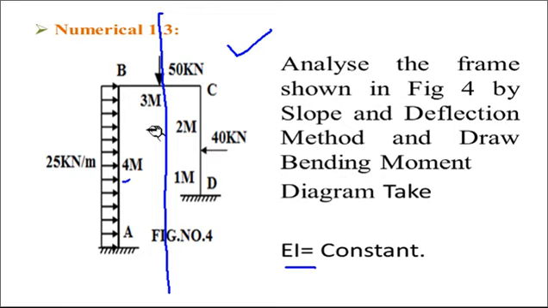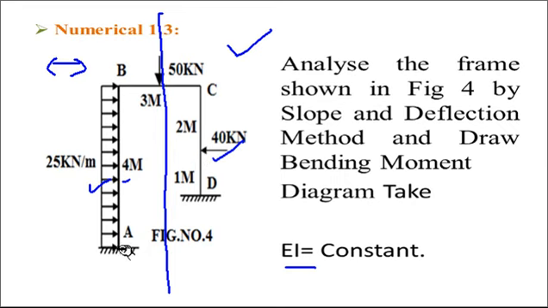So from that also I can say the frame is going to deflect in the horizontal direction. It may be to the right side or to the left side, it depends upon your assumption. Initially we have to assume. And second, from the loading also one can say the frame is going to sway, because the loading is not the same on both columns. There is a difference in the loading, and it is not symmetrical.